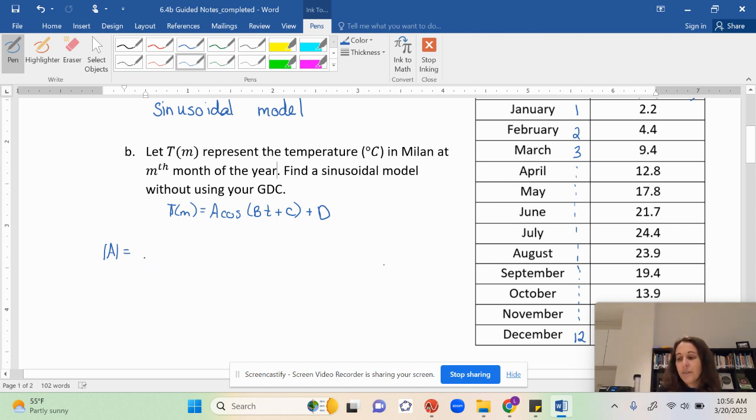The formula to find the value of A is to take the maximum value minus the minimum value and divide it by 2.